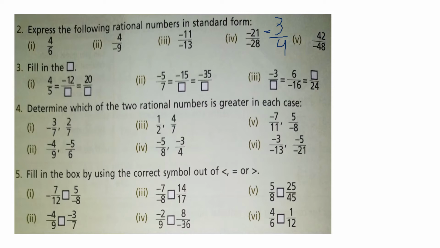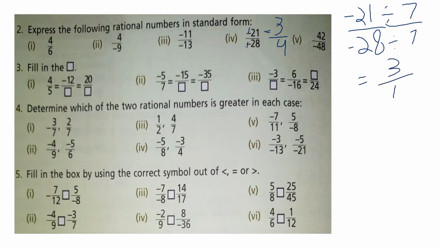So there should be no sign with the numerator or denominator, because these two minus signs will cancel each other. So this is the standard form of writing this fraction: 3 by 4. We divided this fraction by 7. You can also write it like this: minus 21 by minus 28, divided by 7 divided by 7, equals 3 by 4.